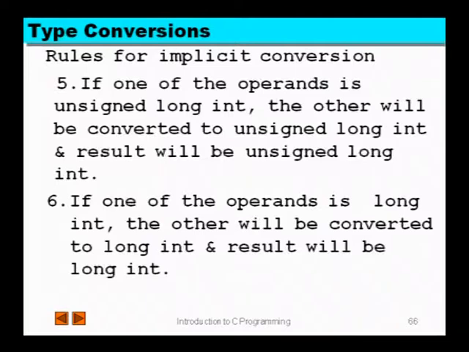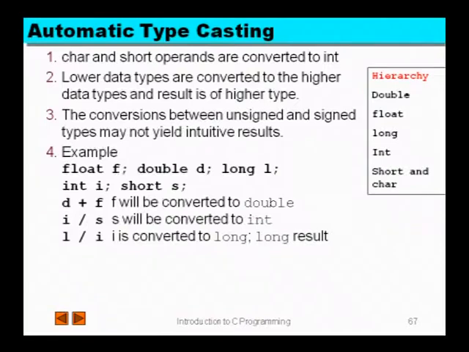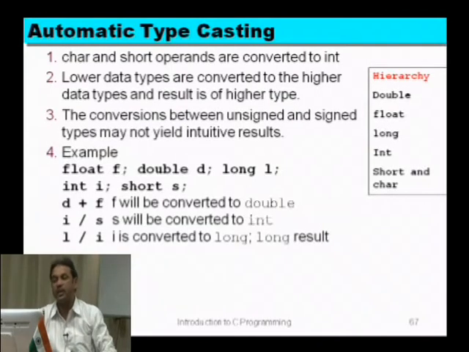So with implicit conversions or automatic typecasting, the compiler itself converts into the higher type based on the following rules. Here you can see character and short operands are converted to integer. You can see the hierarchy here: double is at the top, then float, then long, integer, short and character.